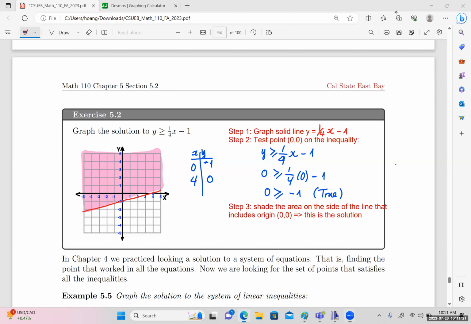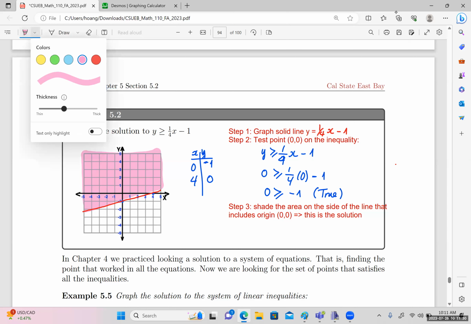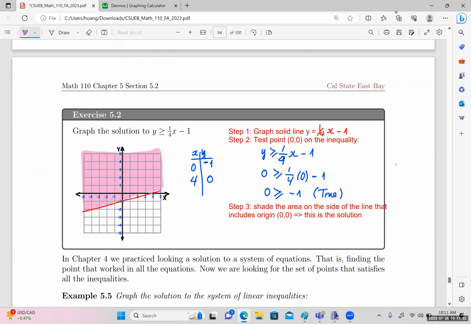Okay, so in chapter 4, we practiced looking for a solution for a system of linear equations, right? So that is finding the point that works in all the equations.